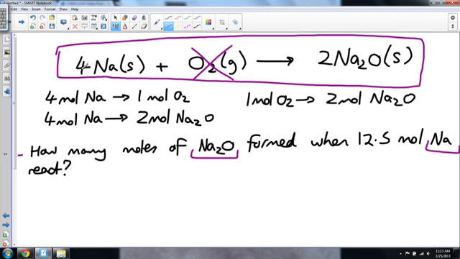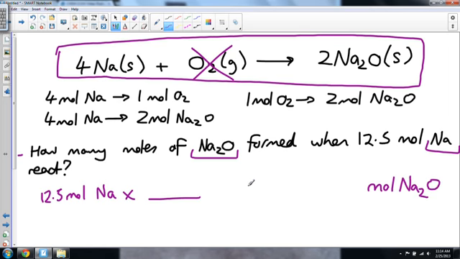So this tells us for every 4 moles of sodium, we get 2 moles of sodium oxide out. The question then asks how many moles of sodium oxide will form if 12.5 moles of sodium react. So therefore we know to start with 12.5 moles of sodium, and we also know then if we're asked to form a number of moles of sodium oxide, then we need a conversion factor that involves sodium and sodium oxide, and because sodium oxide is going to be in the answer, that needs to be on the top.